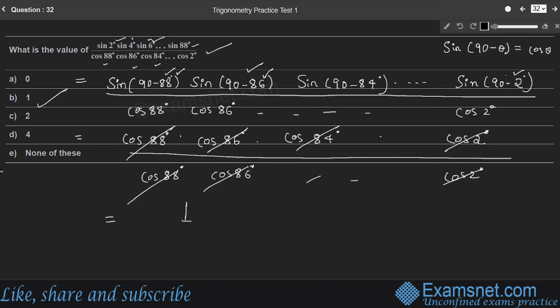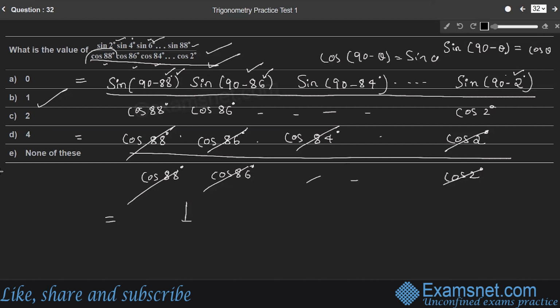So here another method is to convert the denominators. So denominators are in terms of cos 88, cos 86, right? In terms of cos functions. Convert this cos into sine. So cos 90 minus theta is equal to sine theta. You will get the same answer, right?